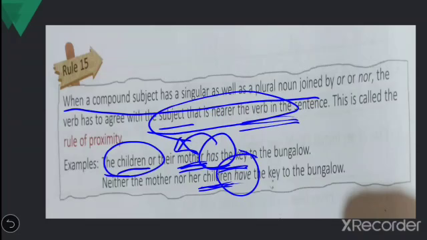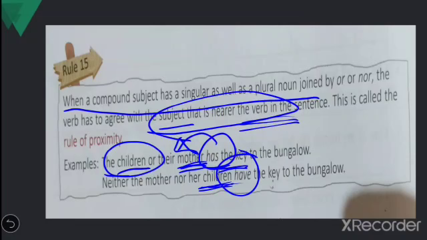So students, in compound subject, we have learned 3 rules. First one, that when there is more than one noun or pronoun, two or three nouns or pronouns joined by and, that time we have to use a plural verb. Then in the next rule we have seen that two or more singular nouns joined by neither nor, either or, or the word or, you have to use a singular verb.